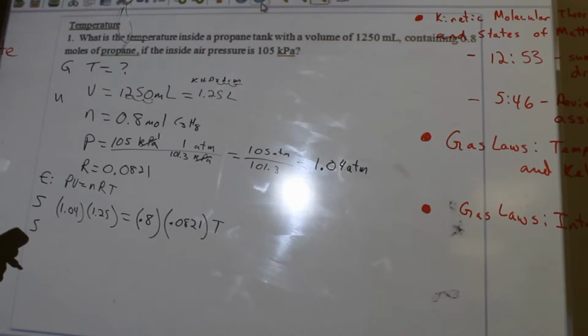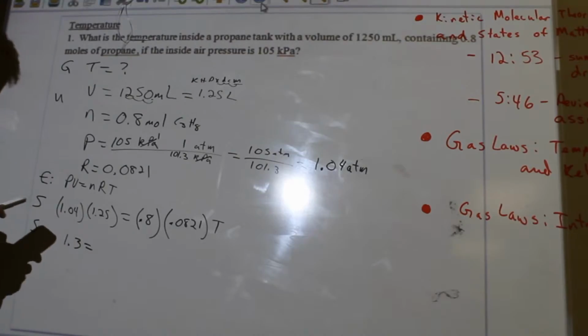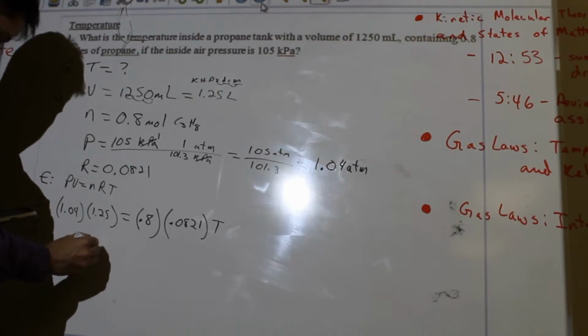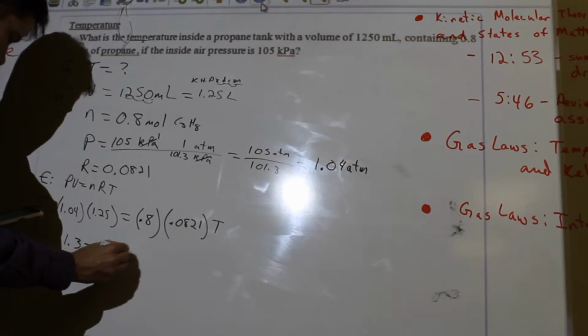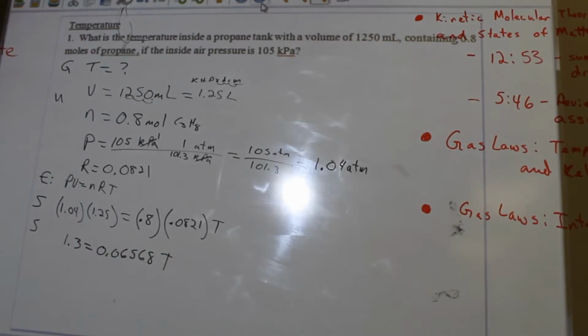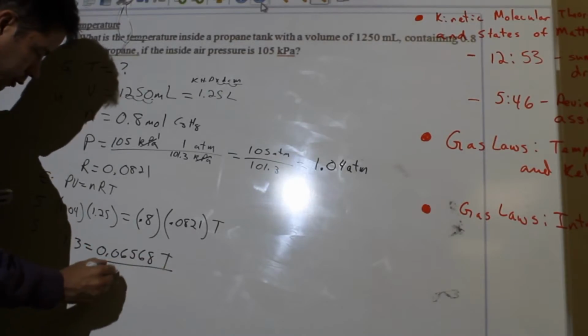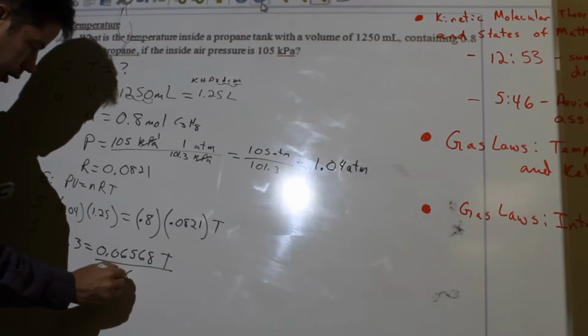So first let's multiply our answers here. So we got 1.04 times 1.25 gives me 1.3 equals 0.8 times 0.0821 gives me 0.06568 times T. We're looking for T, so this number times T. So we're going to divide by this number because we've got to do the opposite.